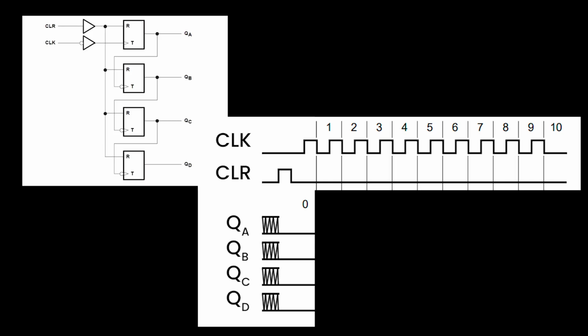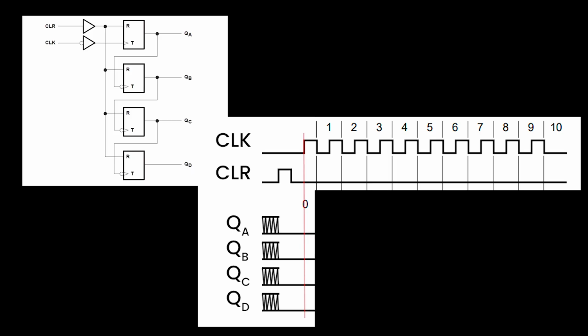In the beginning, we don't really know the values of the Q outputs, so let's leave it crossed, like so. When the clear rising edge occurs, we can settle Q outputs to 0. This happens because the clear signal gets replicated by the buffer and enters the R input of each flip-flop, setting its content to 0. Now, the first rising edge of the clock is received.